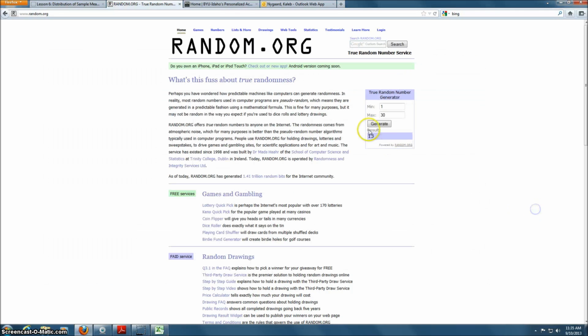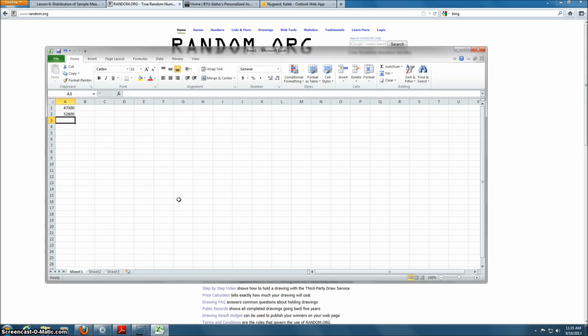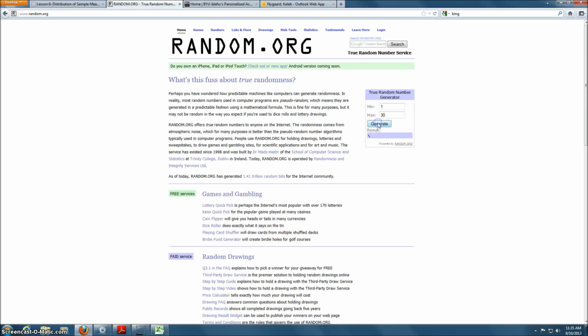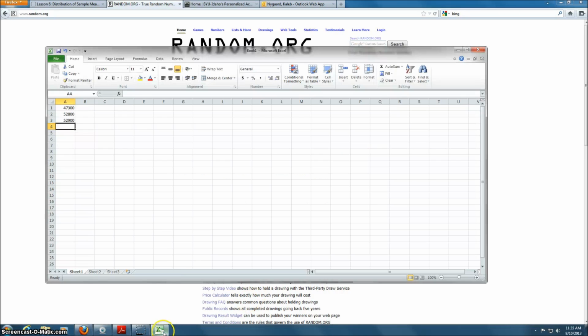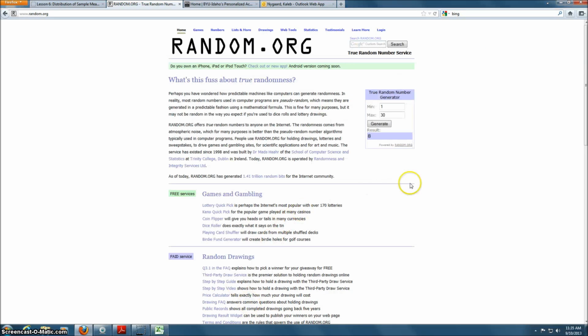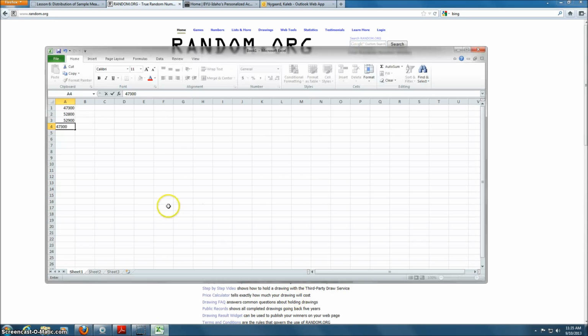Okay, I'm going to generate another one, 21, which correlates to 52,900. Two more. I got 8 again, which is 47,300. And then one more time, I got number 19, which says 43,600.